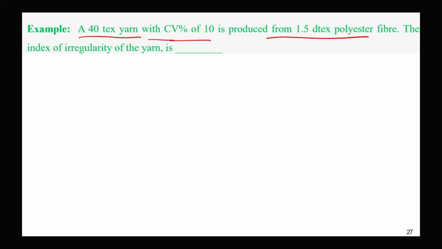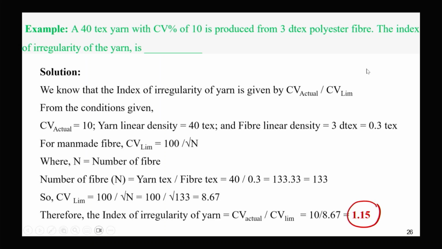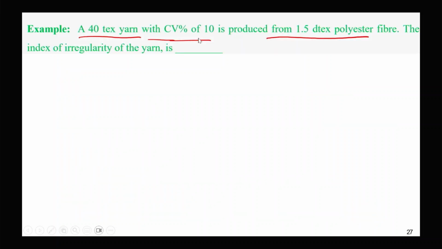Earlier this yarn was produced from 3 decitex; it is the same yarn with the same CV%, only the fiber decitex has changed.